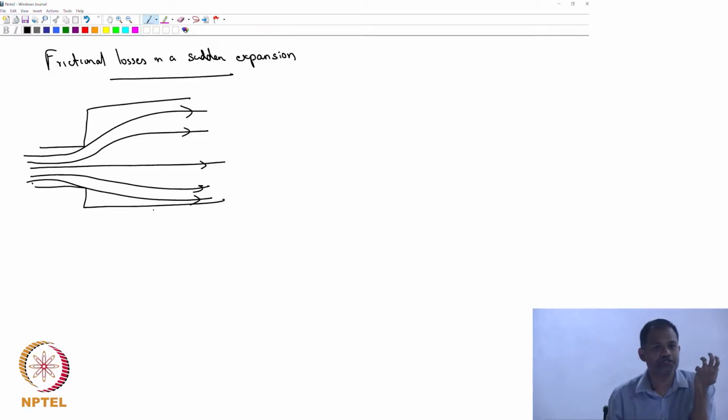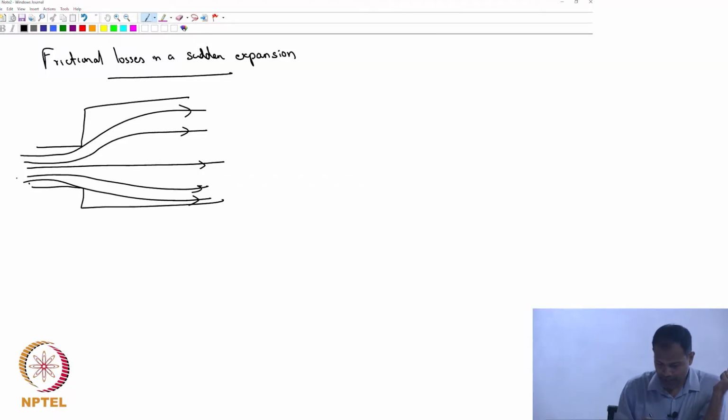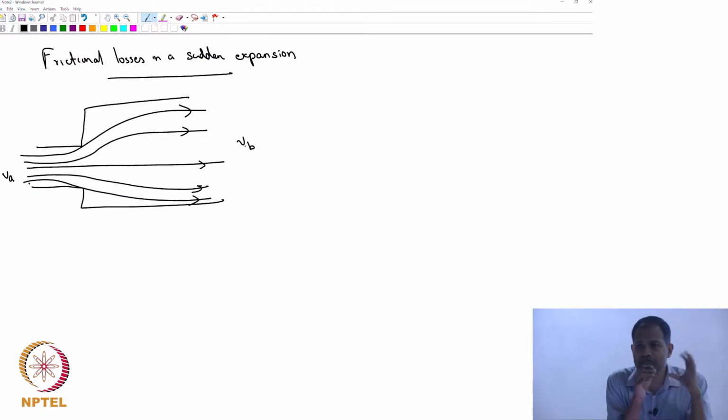Okay, so that's what the streamlines are going to look like. Let's say the fluid that's entering has a velocity VA, and it's exiting with a velocity, let's say VB, where VA and VB are the average velocity.